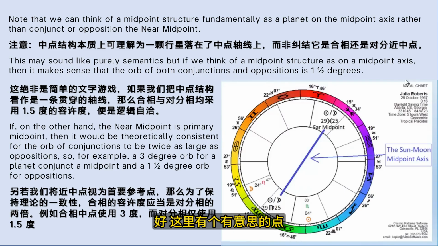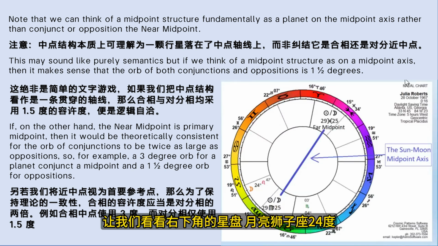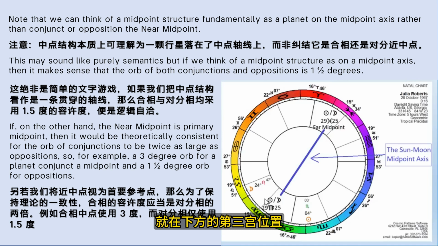Okay, now this is an interesting point. Let's look at this chart wheel in the lower right corner with the moon at 24 Leo and the sun at 4 Scorpio, and the midpoint happens to be 29 degrees 25 minutes of Virgo, shown down here in the 3rd house.